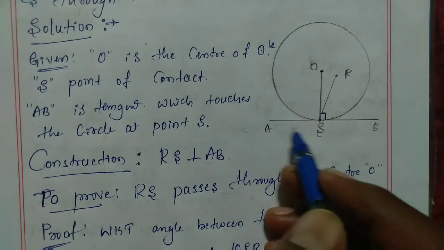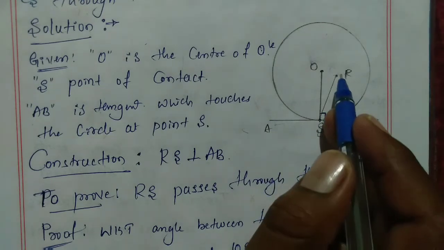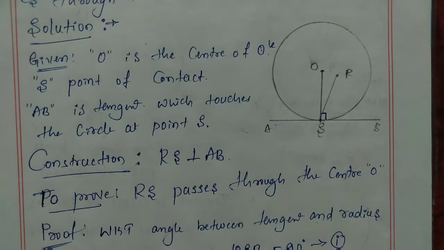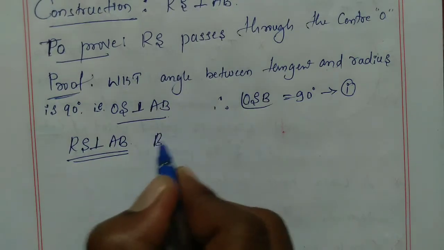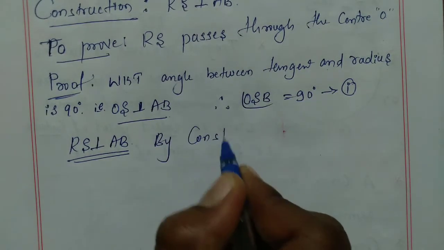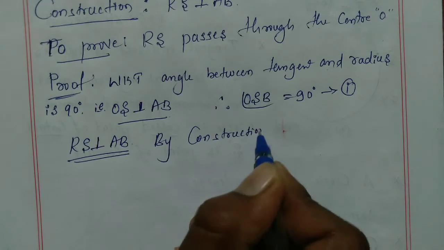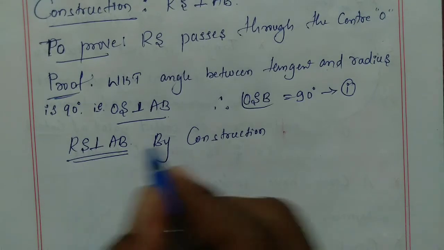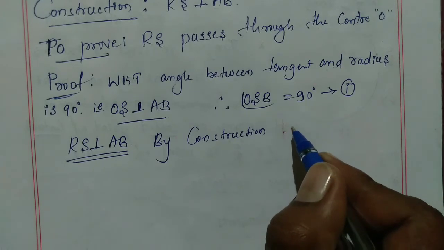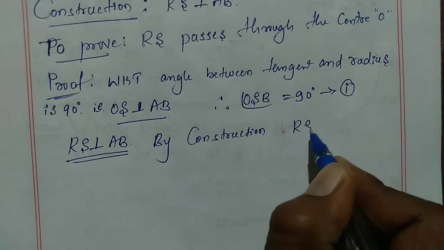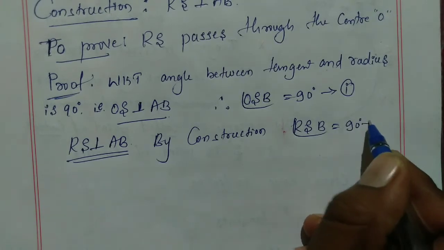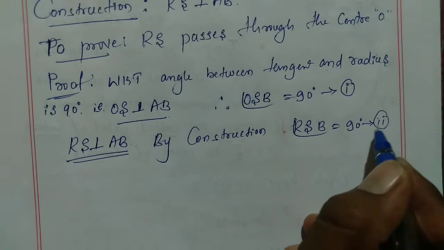So I will write angle RSB is 90 degrees, by construction or assumption, RS is perpendicular to AB and angle RSB is equal to 90 degrees. You can call this equation 2.